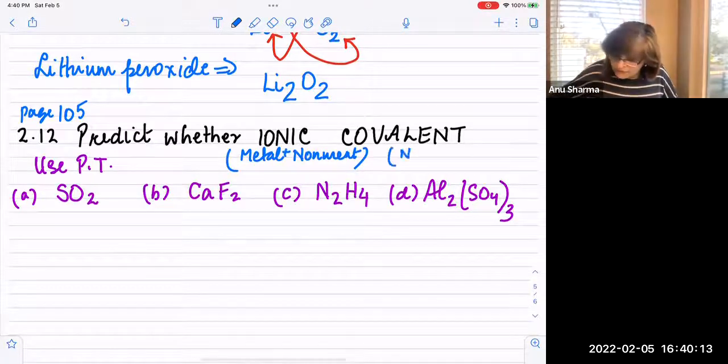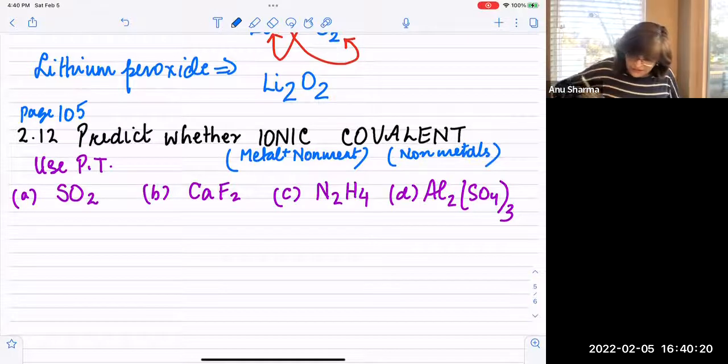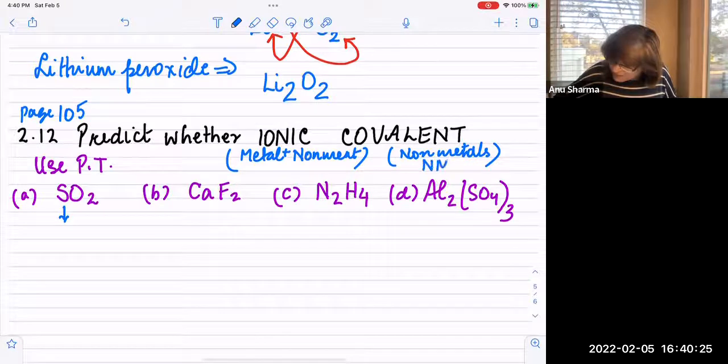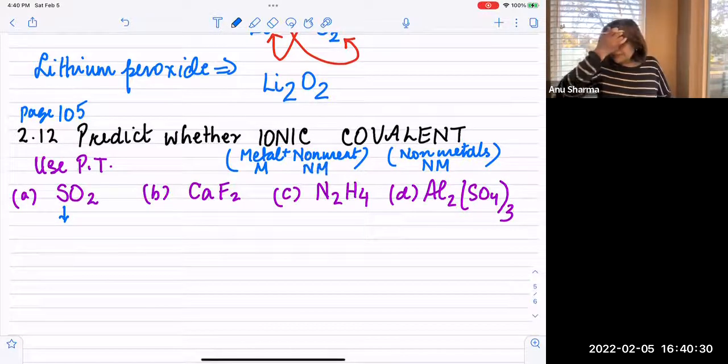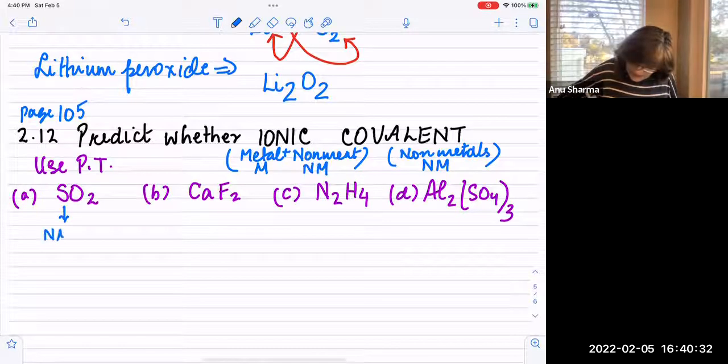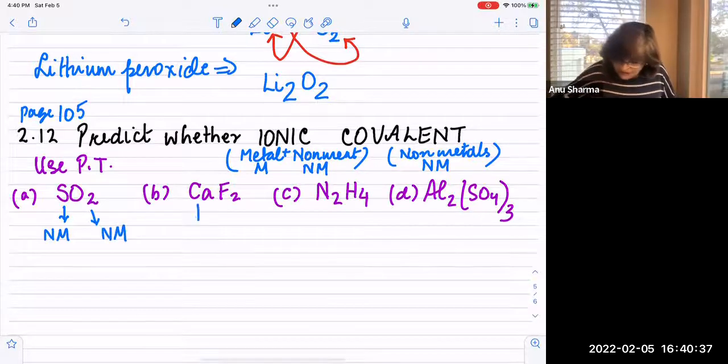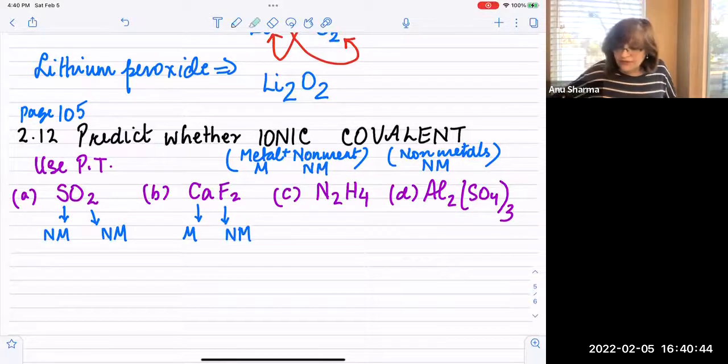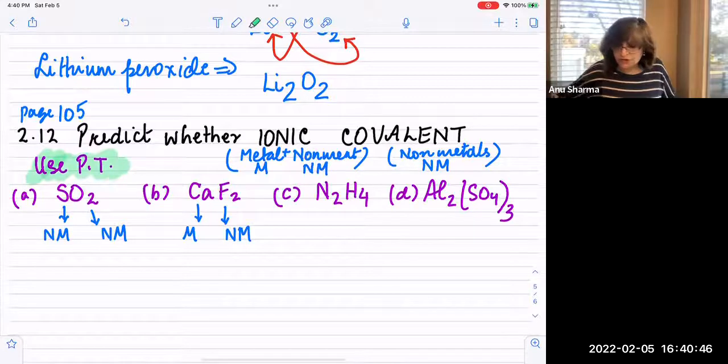But covalent compounds are between the non-metals only. Now sulfur is a non-metal, so I'm going to put NM for non-metal, and M for metal. Sulfur is a non-metal, oxygen is a non-metal. Calcium is a metal, fluorine is a non-metal, and you will have to look in the periodic table to determine which is which, what is placed where.